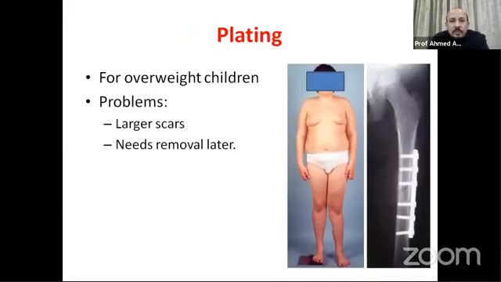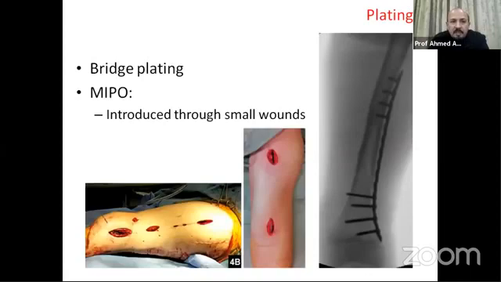Plating could be used for overweight children or could be a parent's choice for difficult care with the Thomas traction. But we have the problem of larger scars than nailing, and it needs removal later. It could be done as a bridge plate or MIPO, minimally invasive plate osteosynthesis, which could be introduced through small incisions.